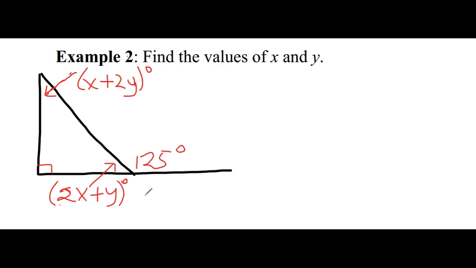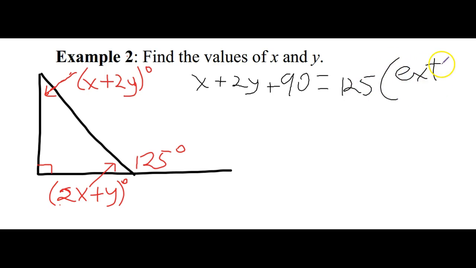So we know that this one, x, plus 2y, and then plus the angle down here inside, or rather this one, and the 90, plus 90 is going to equal 125 based on the exterior angle theorem.